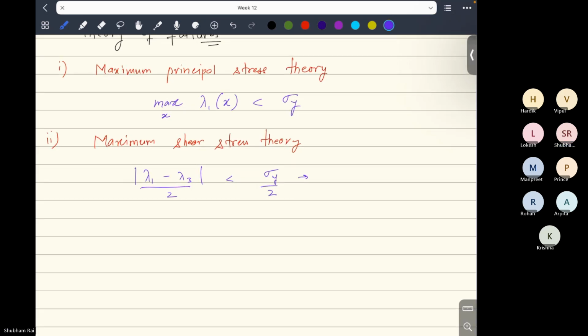Here sigma y is the yield stress in tension, and lambda 1 and lambda 3 are the maximum and minimum principal stress values.